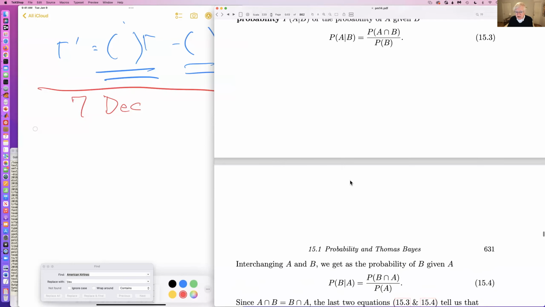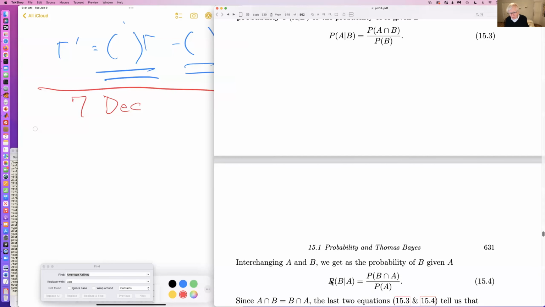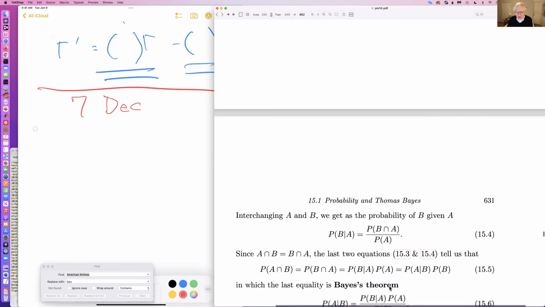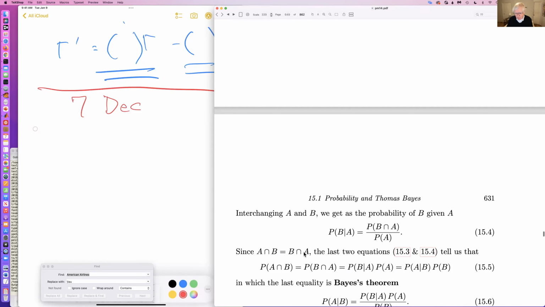If you interchange A and B, since they are obviously symmetrical in this expression, you get the probability of B given A is the probability of B and A divided by the probability of A. And since these 2 sets are identical, you can write the probability of the intersection this way or that way.